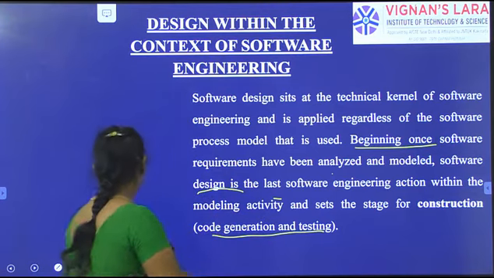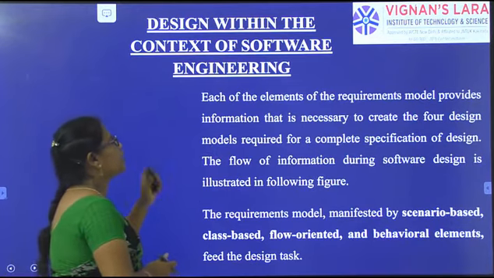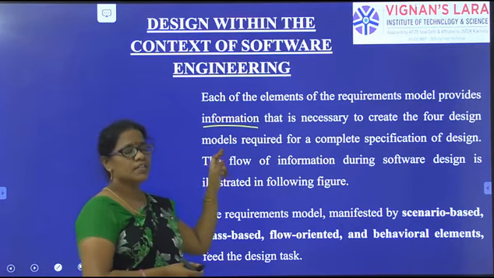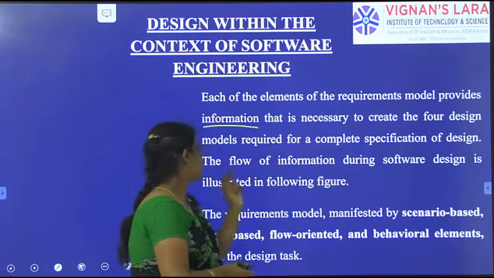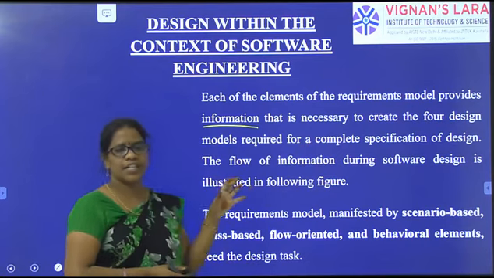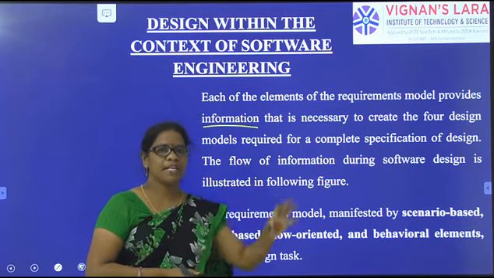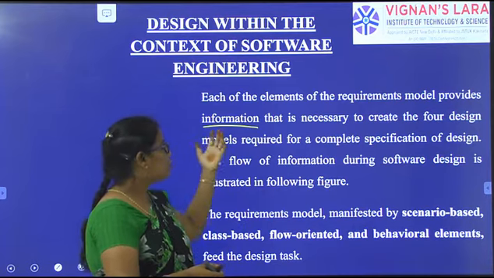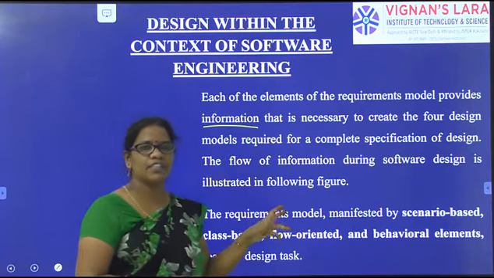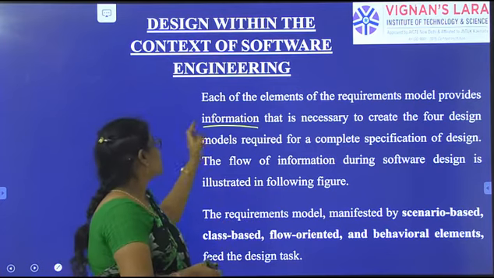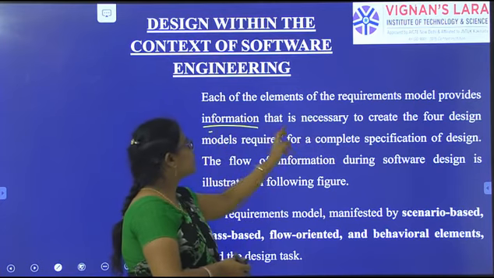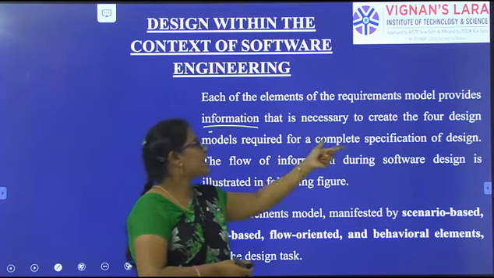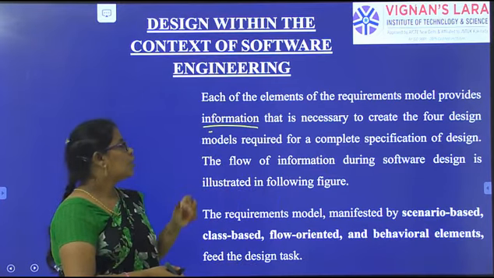Each of the elements of the requirement model provides information that is necessary to create the four design models required for a complete specification of the design. Elements here are nothing but, in the design part, the placing of icons or the design outlook. Not the hardware part, but within the software, how it looks.